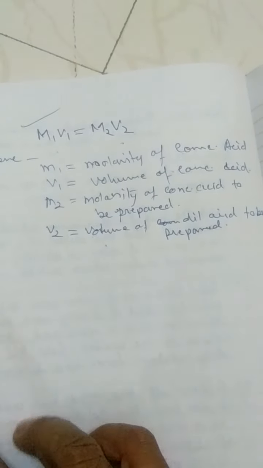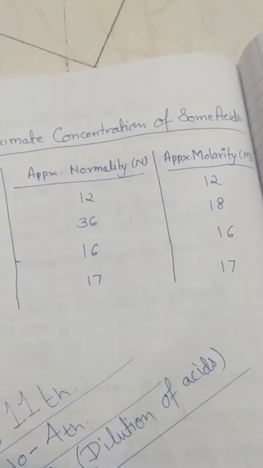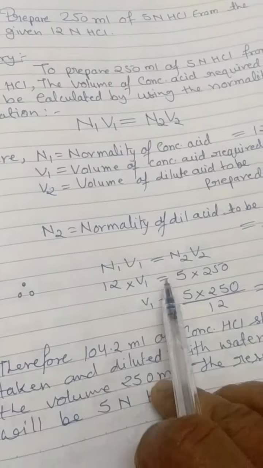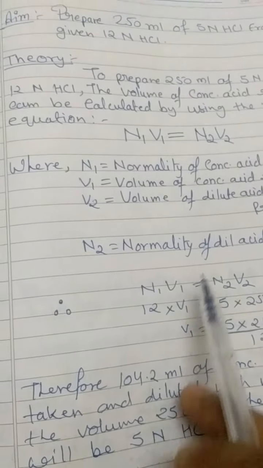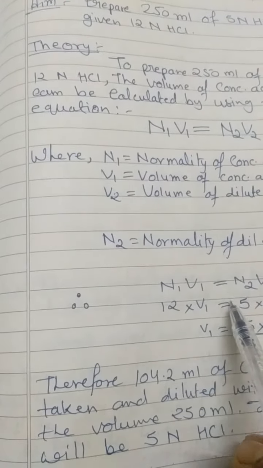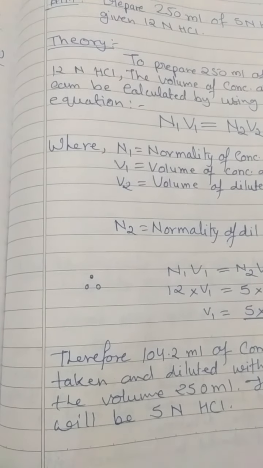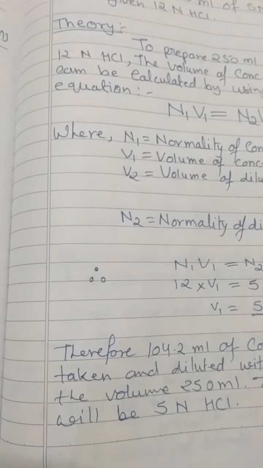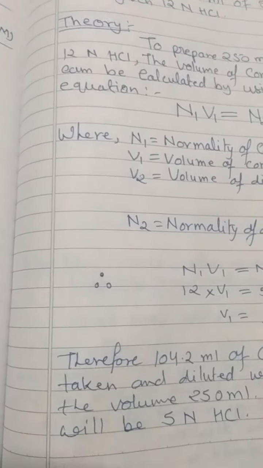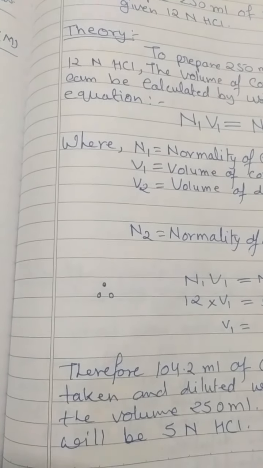You have seen in the molarity equation how we put in the values and calculate the volume. Similarly, you will put the values in the molarity equation and calculate the amount of concentrated acid to be dissolved.